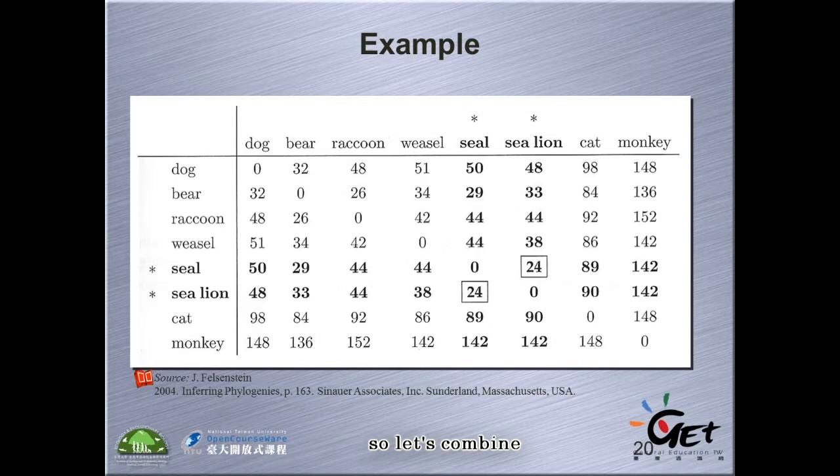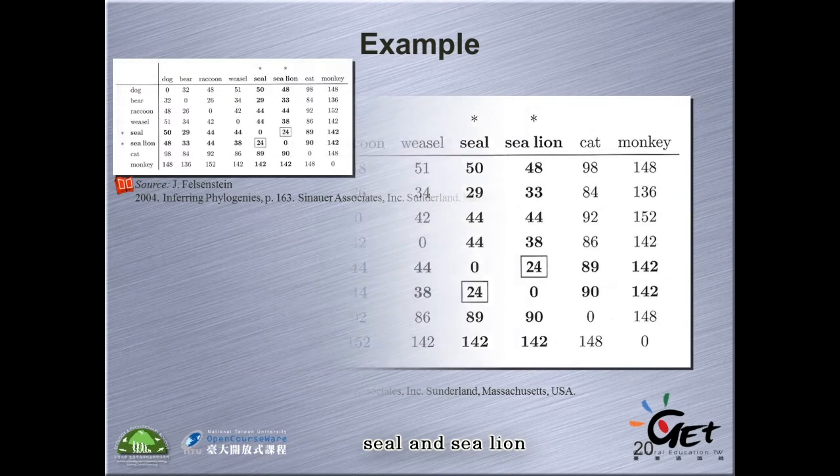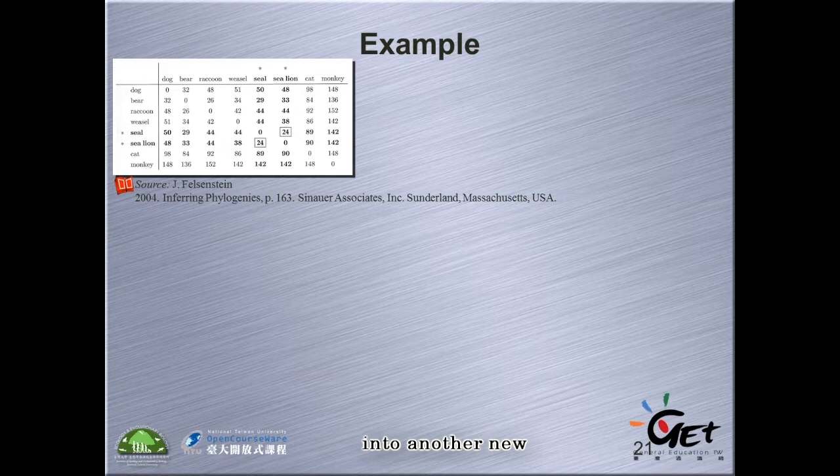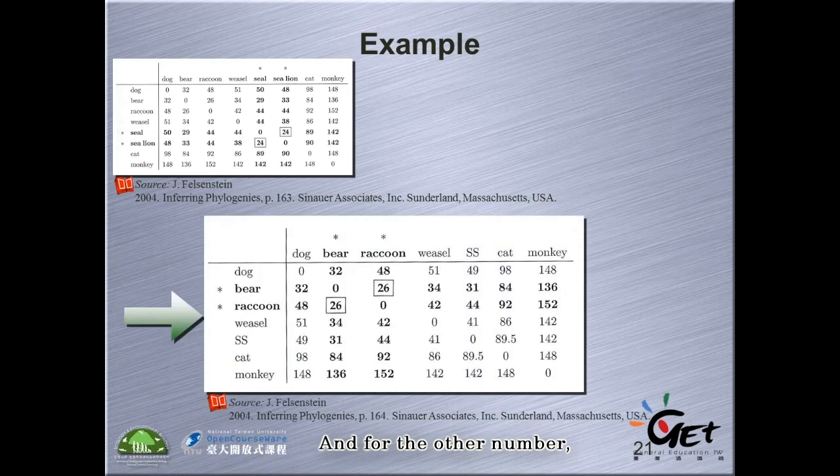So let's combine seal and sea lion into a new taxa called SS. For the other numbers, they will be the same, and you only need to recalculate these sequences. So you have a new distance matrix.